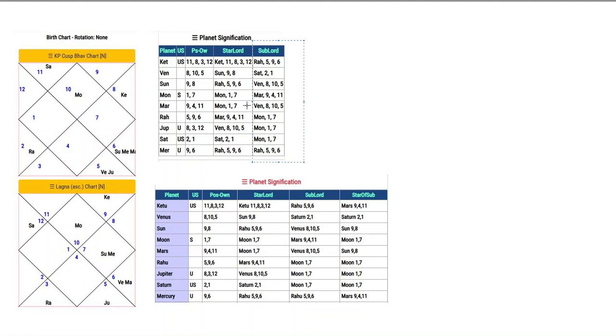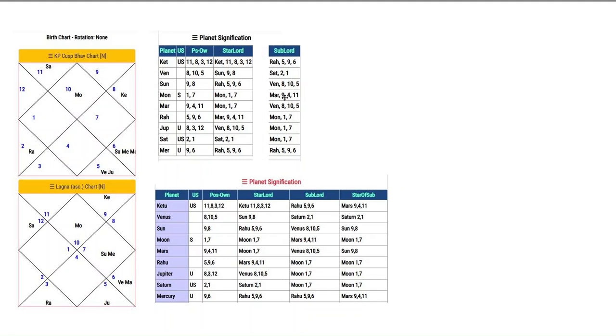So I'm going to put this in two different shells. So this rule, the first shell, decides the focus on a specific event, and for that we have various combinations. For example, for marriage, you have 2, 7, 11.